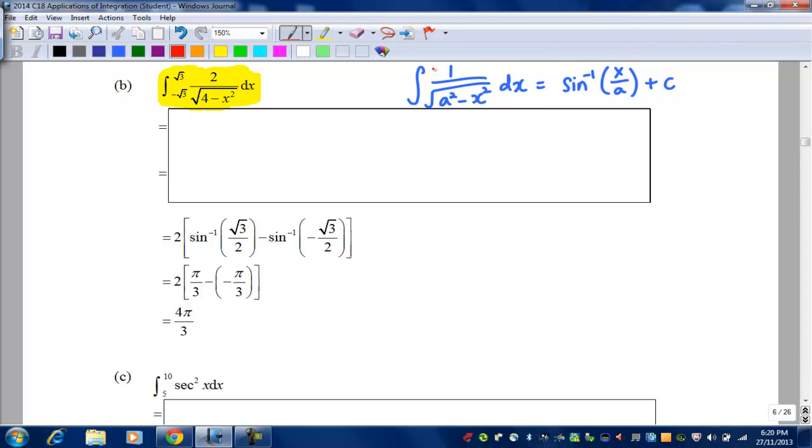So what I can do now is to bring the 2 out. And at the same time, since I know it has to be in the form of square root of a squared minus x squared, I'll write it in the form of a squared minus x squared.